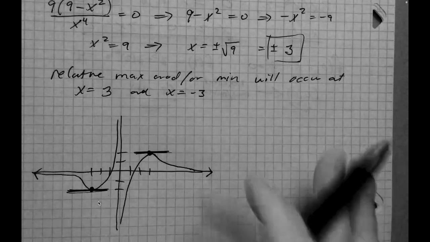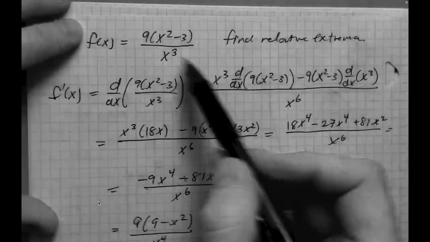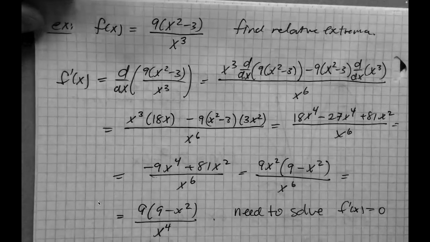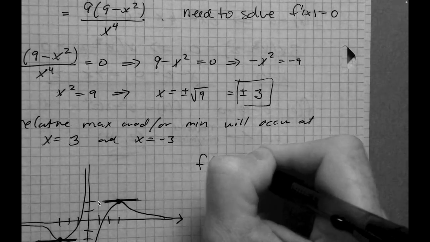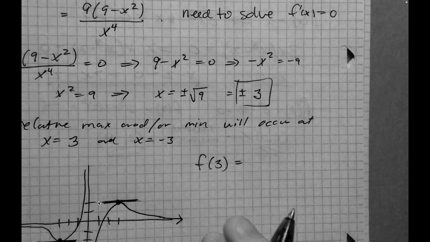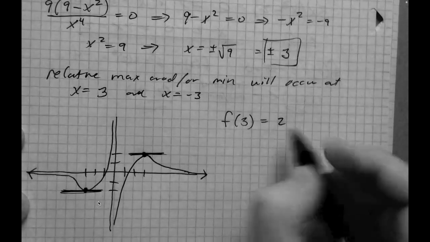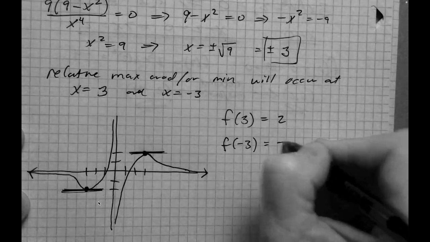Okay. Now we could easily plug f of 3 and f of negative 3 into this function to figure out what the points are. If you plug in f of 3, I'll just tell you what you get. You get 2, if you plug that into the original function. And if you plug in f of negative 3, you get negative 2.